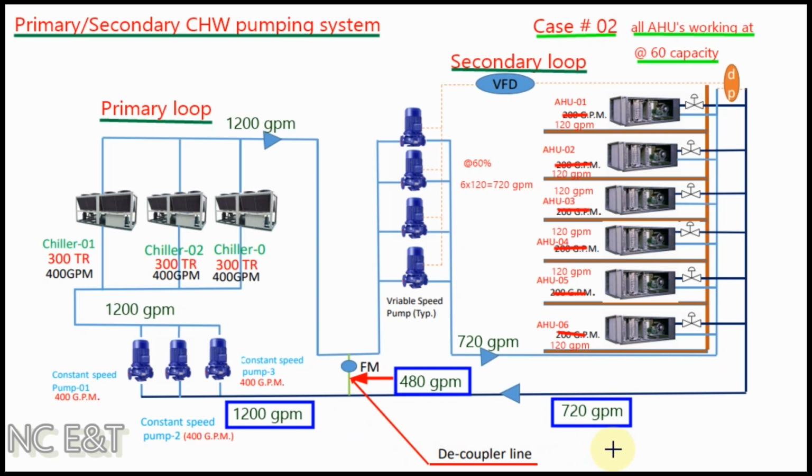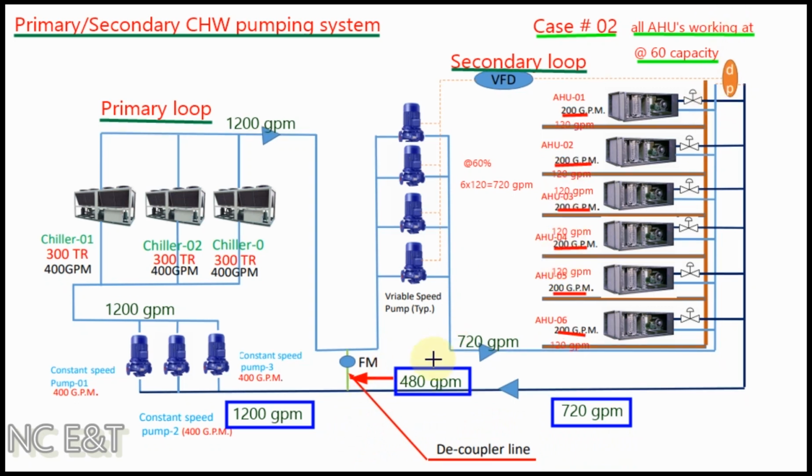To make up this difference, the decoupler line will allow a quantity of 480 GPM to pass through it, so that in the primary loop we have a constant flow of 1200 GPM. When the chill water flow through the decoupler line reaches the capacity of a chill water pump in the primary loop, then one chill water pump is turned off.